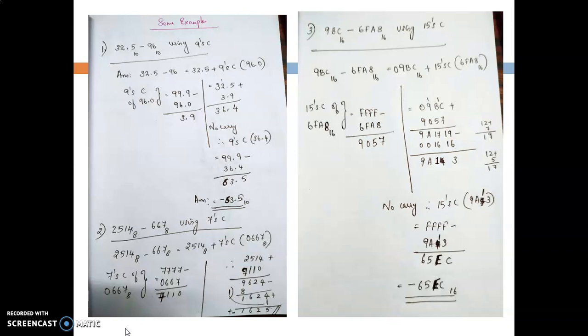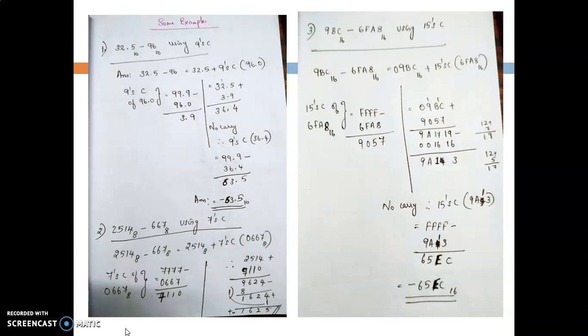So what happens if I don't put 96.0? You would just be subtracting from 99. 99 minus 96 will be done, which will give you a wrong result. That is why I am telling you again: before finding the 9's complement, the first step is to make the number of digits in the whole number part and the fractional part the same for the two numbers, for both A and B. So A is 32.5 here, which contains two digits in the whole number part and one digit in the fractional part.